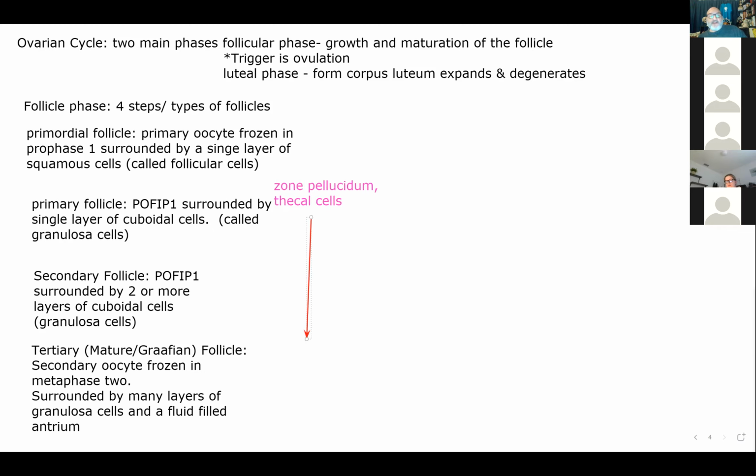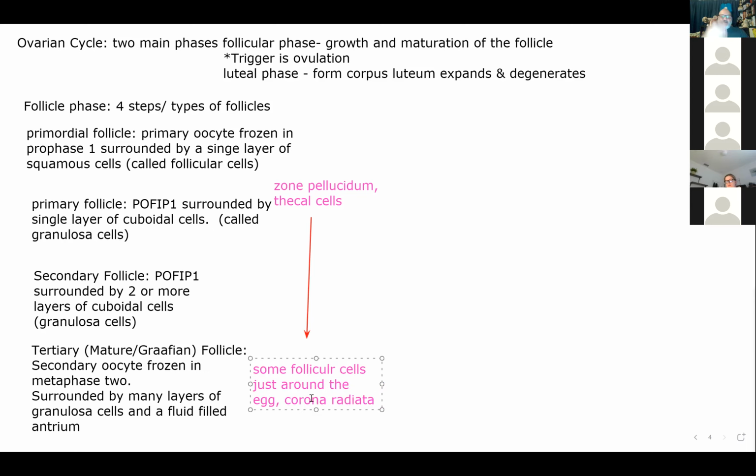But you are correct. Here, we do have some of those follicular cells that are just around the egg. And those we did call the corona radiata. Again, you don't get a corona radiata until you have that fluid-filled antrum. So absolutely, you are correct that way.